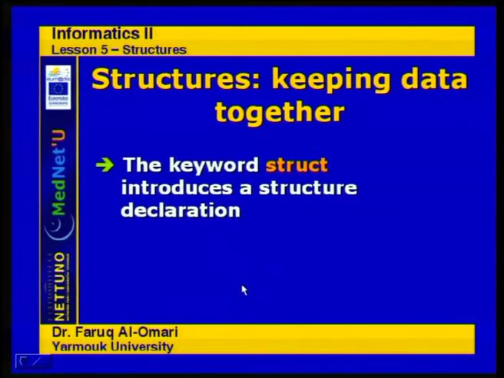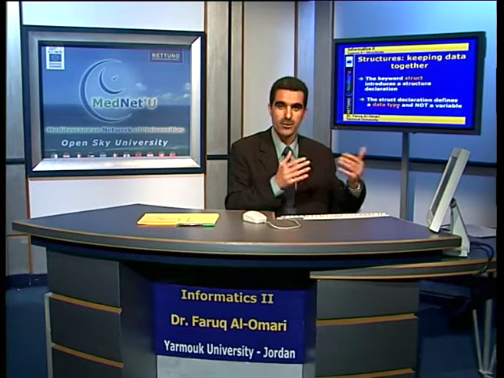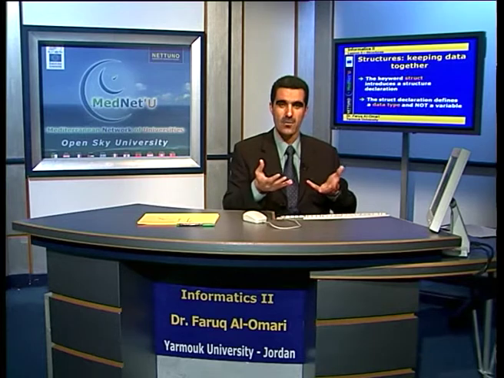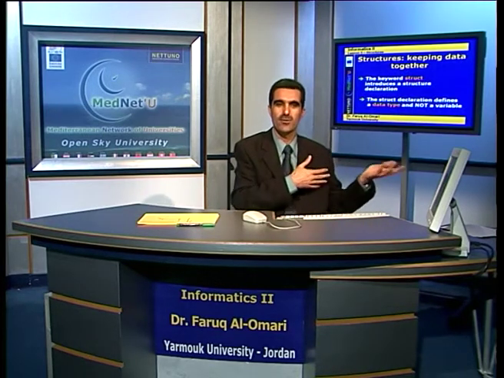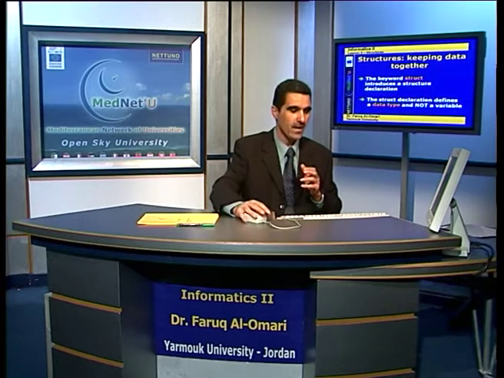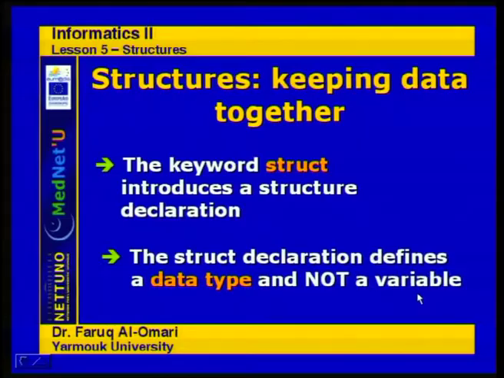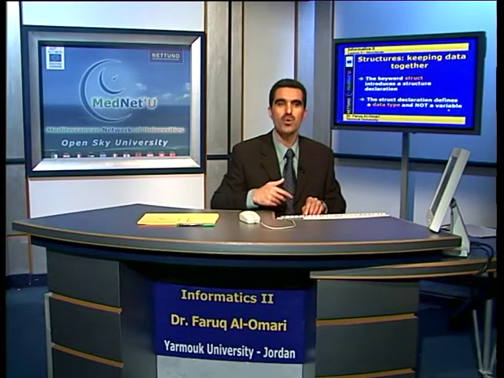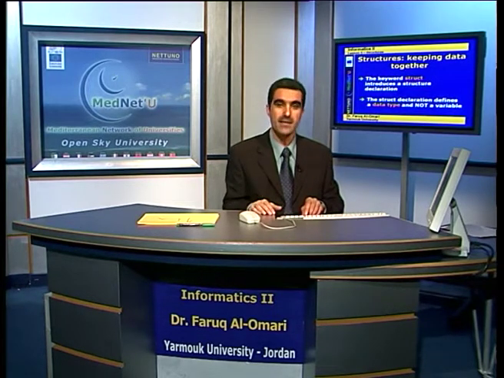So I cannot assign any values to the struct point, but rather, in my program, I need to define a variable now of type point, and then I can assign values to that variable. Okay? So this is a data type and not a variable. And this is very important. So this way, we're defining new templates, new data types, what we call user-defined data types.